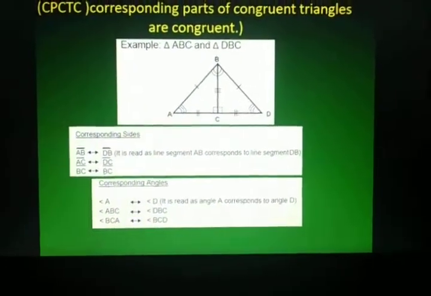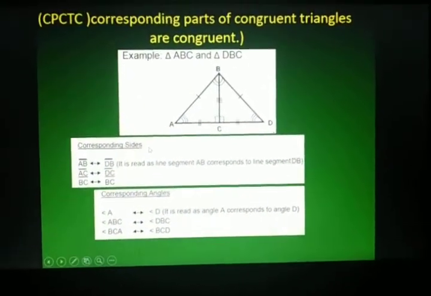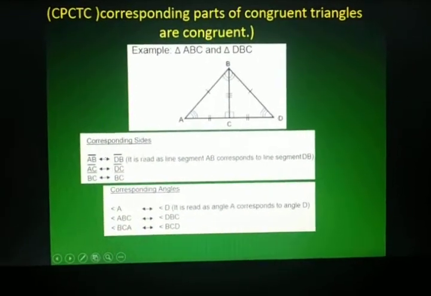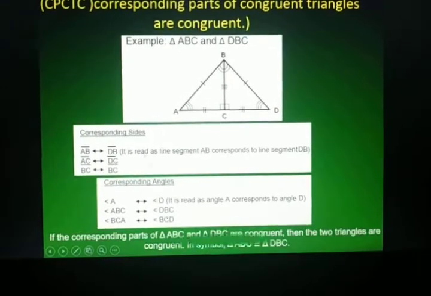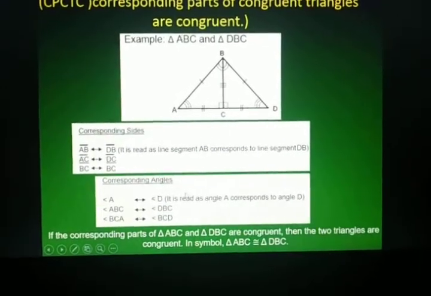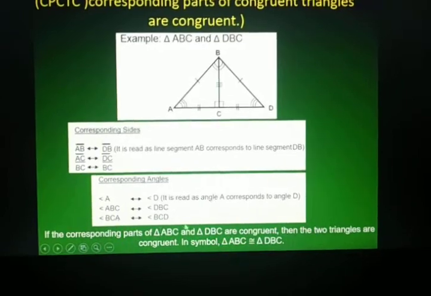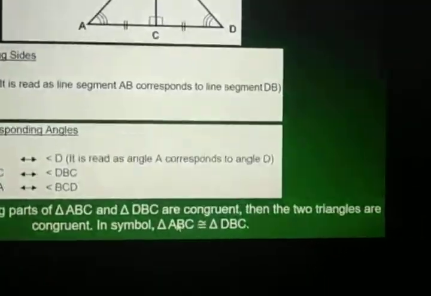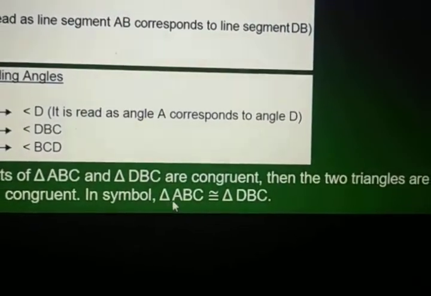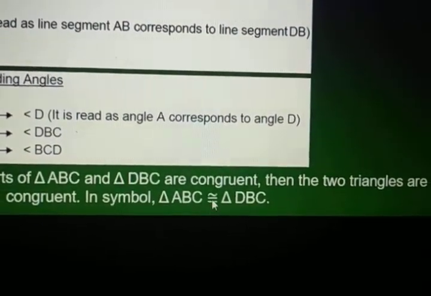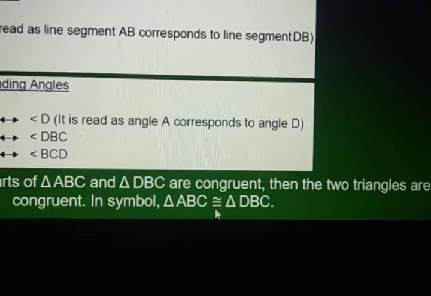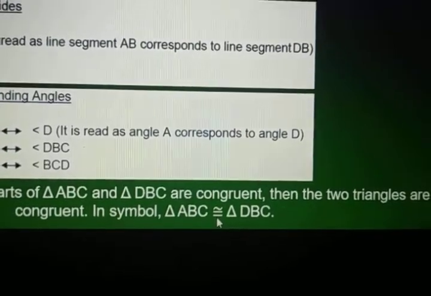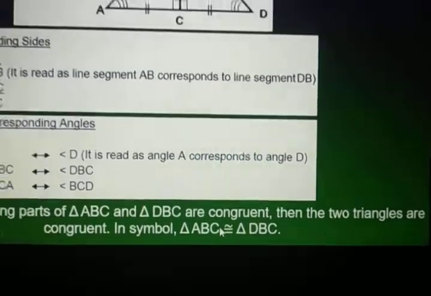And so, if all the parts of those triangles correspond with one another, we can say that triangle ABC and triangle DBC are congruent. In symbols, it looks like this: triangle ABC is congruent, this is the symbol for congruency, equal with a curve on top, to triangle DBC.